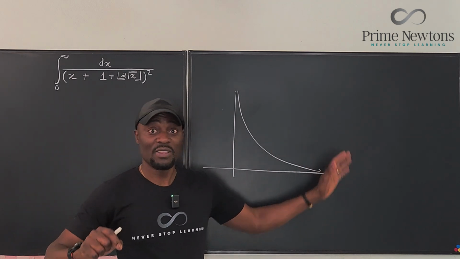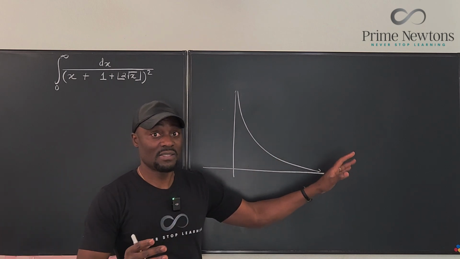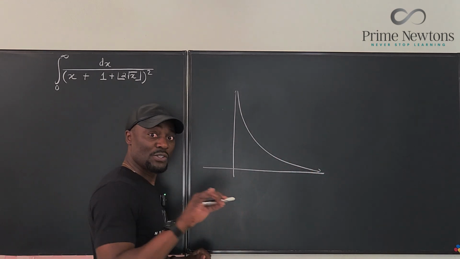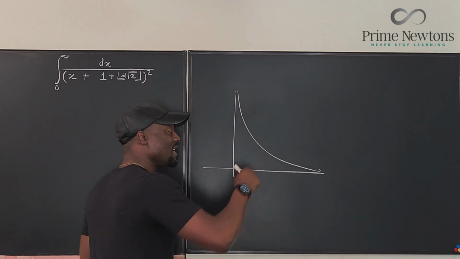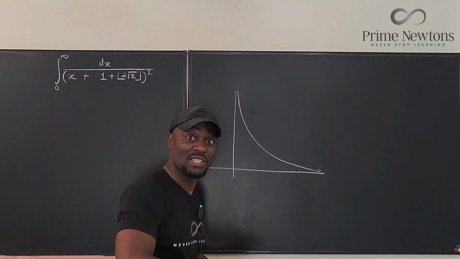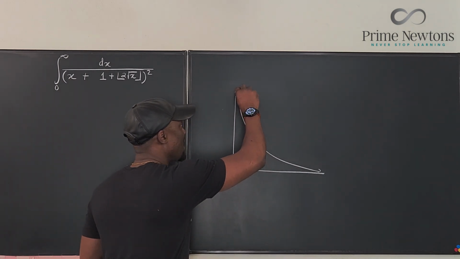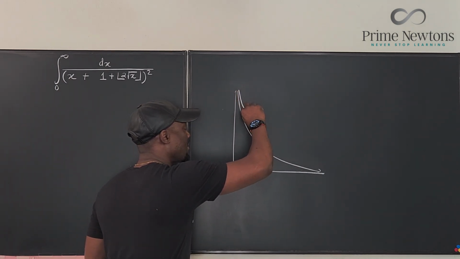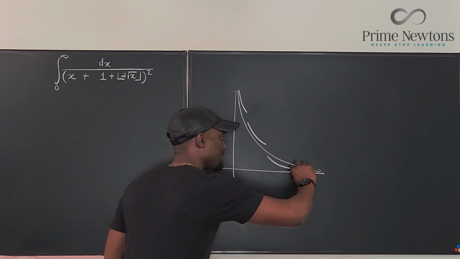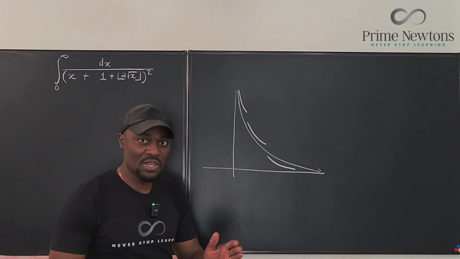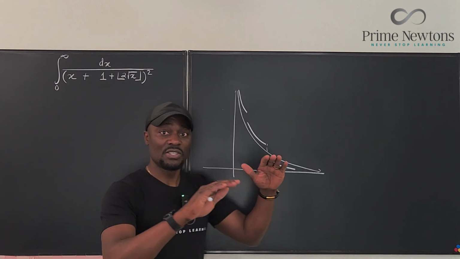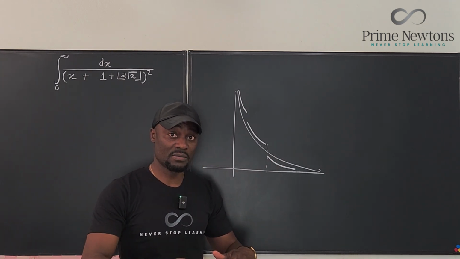I've talked about the floor function in many cases and done some videos in the past. But what I want you to see is that instead of the curve going smoothly down and continuously, it's going to be something like this, because every time you get to an integer value of x, there's a discontinuity, a sudden drop.